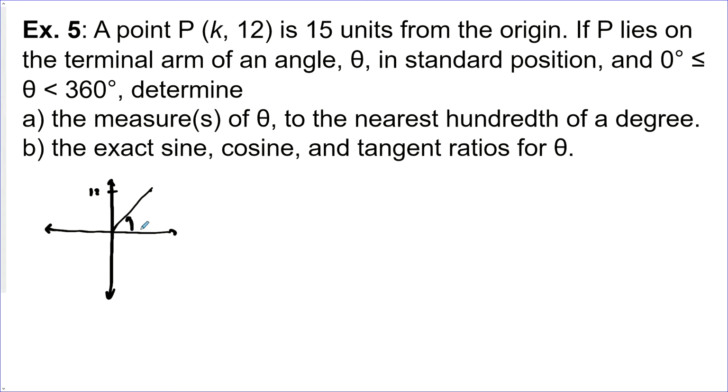There is our angle theta, and this is 15 units. So to find this x value here, it's just one side of our triangle. So we've got a squared plus b squared equals c squared. We've got 12 squared plus k squared is equal to 15 squared.